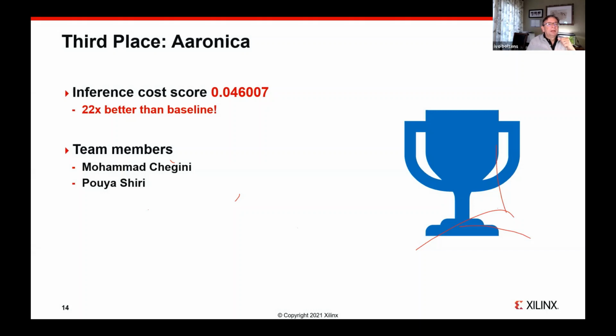So, the third place winner is the team called Aronica, and they reached an inference cost score of 0.046007, which is 22 times better than the starting point that we gave everyone. So congratulations for that achievement.